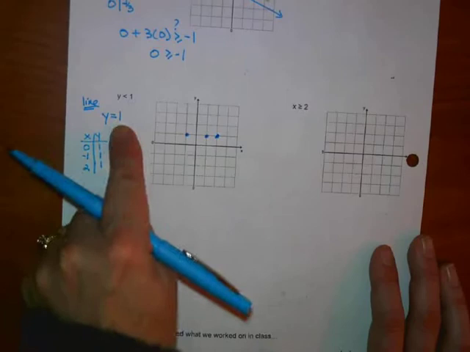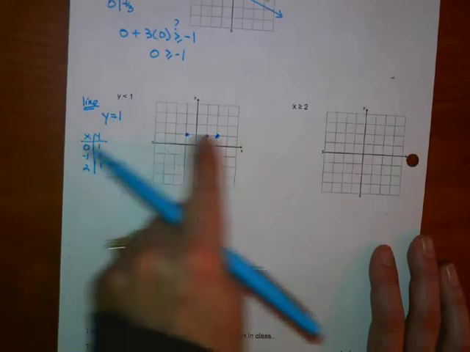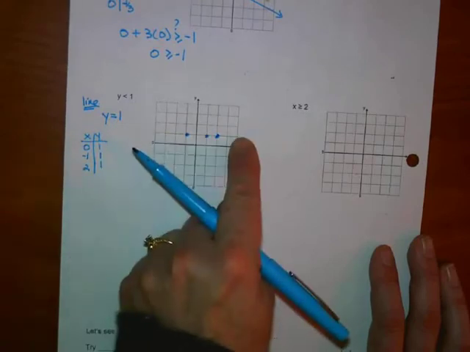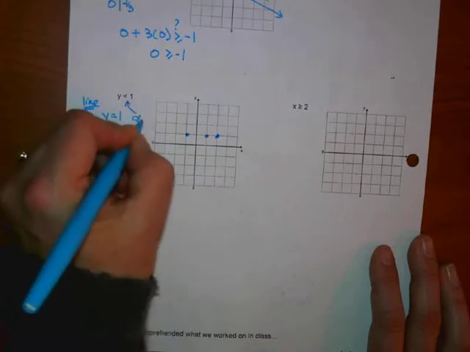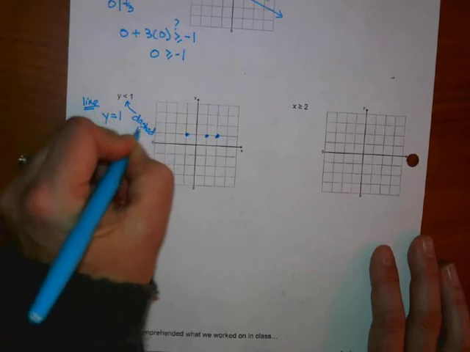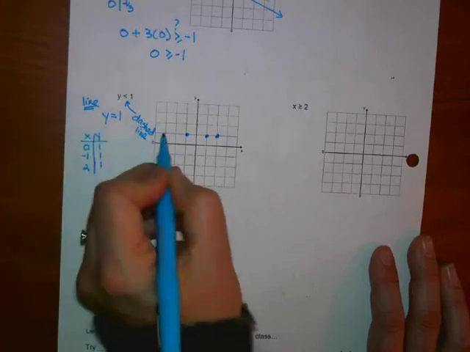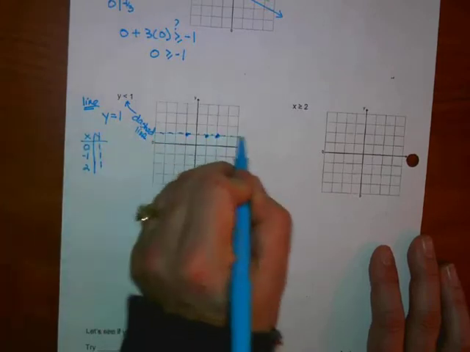Remember, this is a horizontal line where all the y coordinates are 1. Now, go back and notice that you have to use a dashed line. So I'm going to connect those with a dashed line.